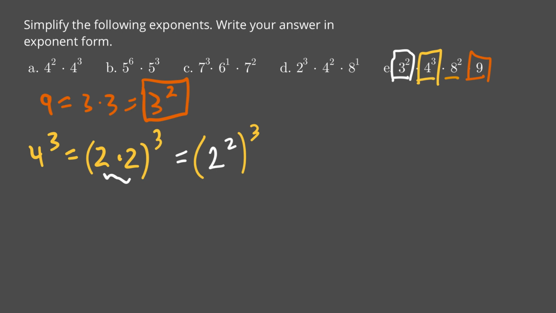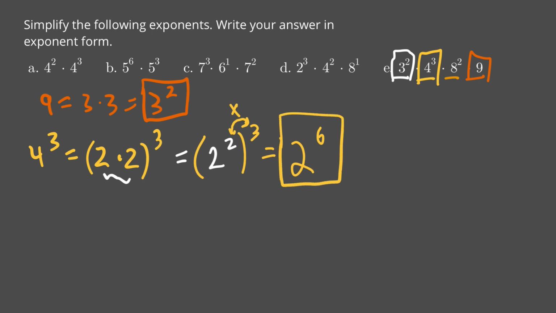And hopefully you remember that in this case, whenever you have exponents inside and outside of the parentheses, you multiply them together. So this simplifies to the same base of 2, but the exponents 2 times 3 are multiplied together, giving us 2 to the power of 6.